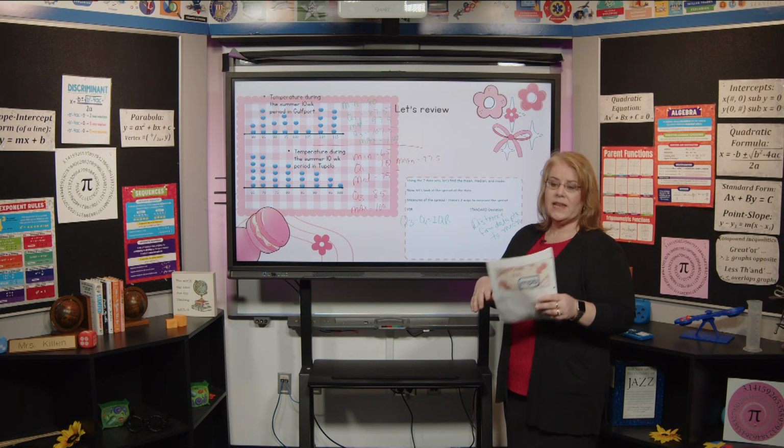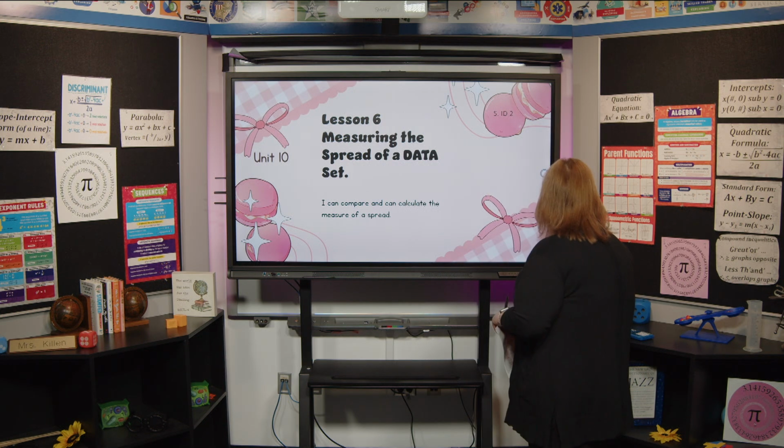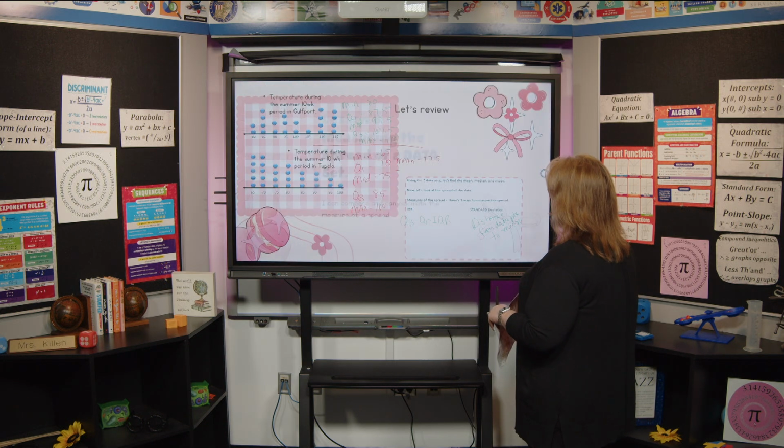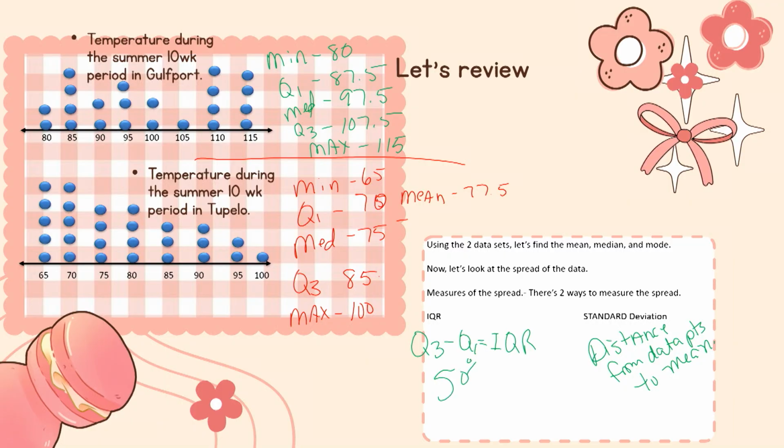We also want to know that the interquartile range is looking at our inside 50%, our inner range. So when we look for that interquartile range, we're looking here. This is our interquartile range, how far it is from Q1 to Q3. That's what the interquartile range is.